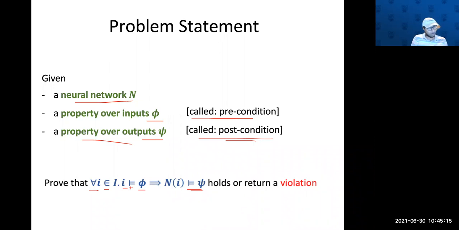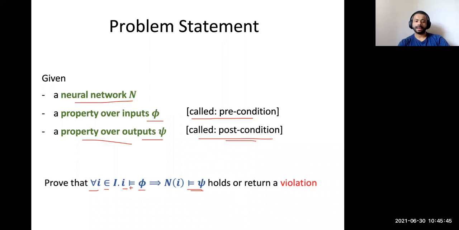So a verification problem for a neural network. In a neural network setting, the network is a model, a black box; you don't know what it does, but it does something. You define a set of properties over your inputs and some properties over your outputs, and then you check whether the output from your neural network meets those output properties.